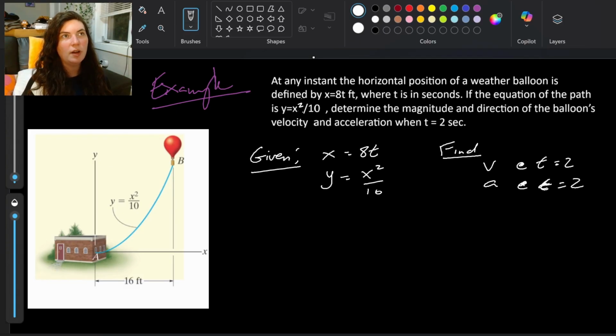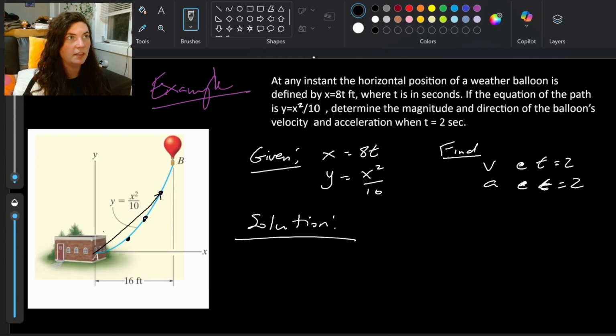Right? So I'm going to go ahead and start finding a position vector for this thing. So it could be at any point on this line over here when we're at 2 seconds. Right? We don't know where it is. It's somewhere there. But we can have a position vector that gives us where this is.